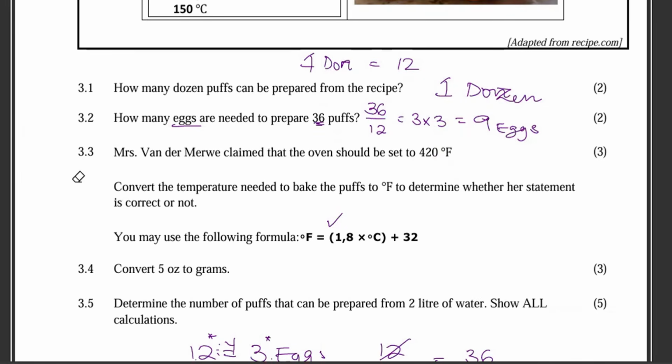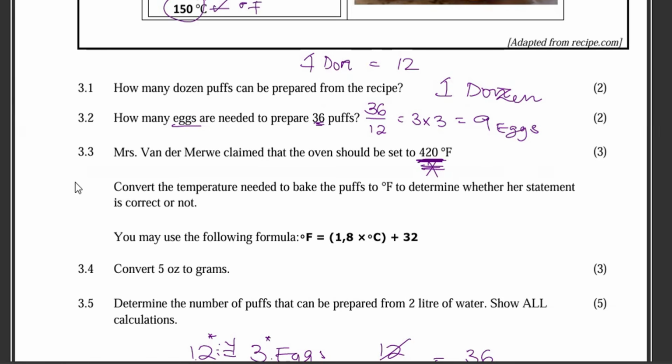What's the temperature that we need? We need 150 degrees Celsius. So we need to turn this into Fahrenheit. We want to find out whether we shall get this. Should we get more than this or less than this, then the claim is invalid. But if we get the exact number like this, then the claim is valid.